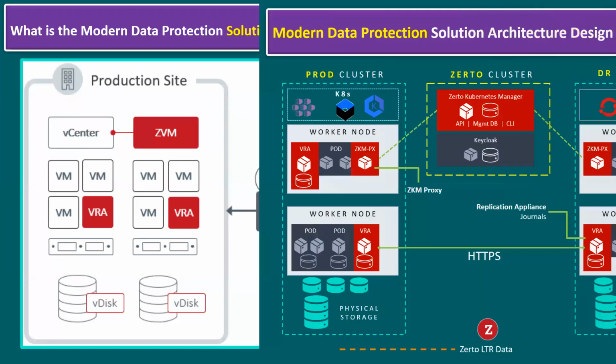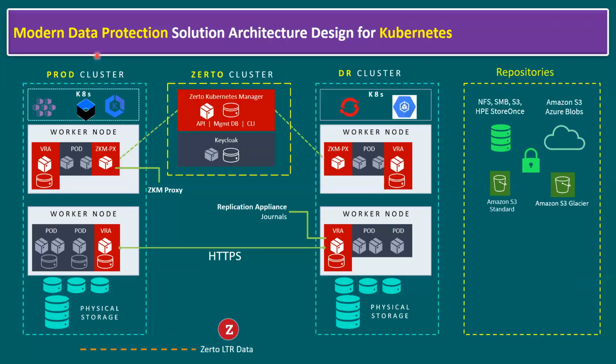Okay. And similarly, another architecture is a modern data protection solution architecture designed for Kubernetes environments. Even for Kubernetes, we can use multiple platforms like Azure Kubernetes, Google Kubernetes Engine, Amazon EKS or OpenShift, any scenario. Here also it is the same scenario. The Zerto cluster will help replicate the data from production to the DR side.